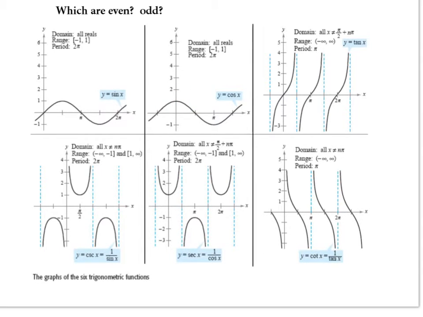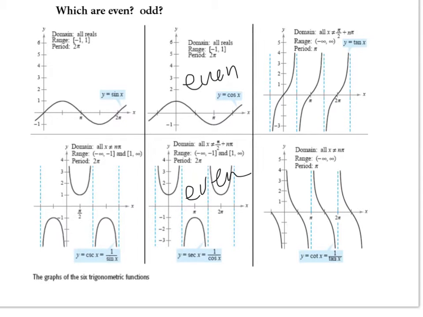It is, in fact, even. All right, as is secant. If you look at that, it's reflecting here over the y-axis. If here's this guy, it would be over here. It's a reflection, and there would be another one way over here for the other one. So this one also is even.